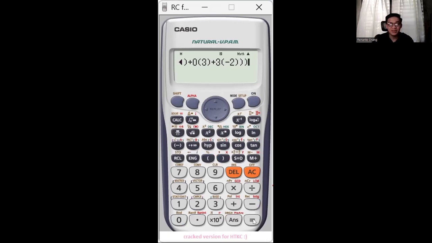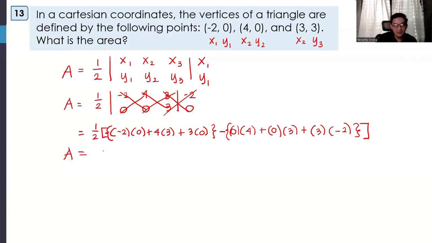So, yung area natin is equivalent to 9 square unit. Sulat natin, that is 9 square units.